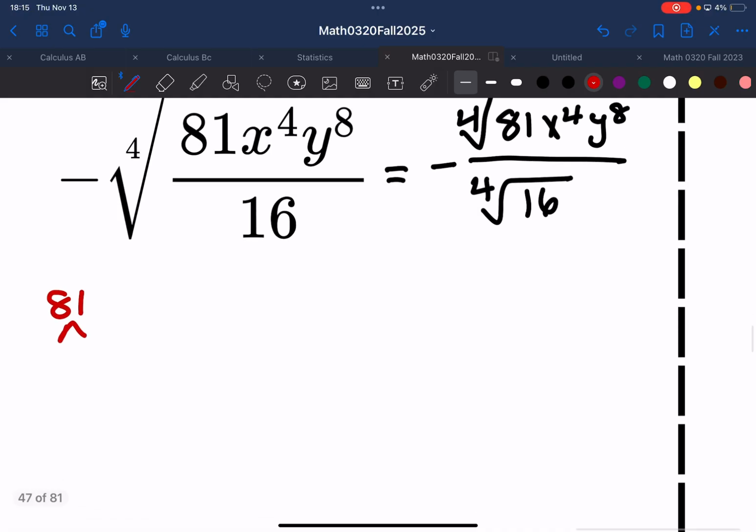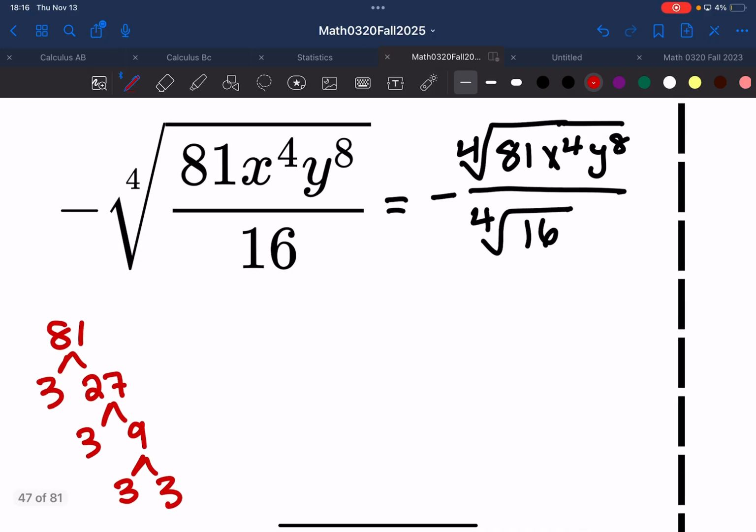Can 2 go into 81? No. Can 3? I think so. I just don't know what it is if someone wants to calculate that. 27. And then we know 3 goes into 27 how many times? 9. And 3 goes into 9 3 times. So we have 4 3s. And what's our nth root? 4.